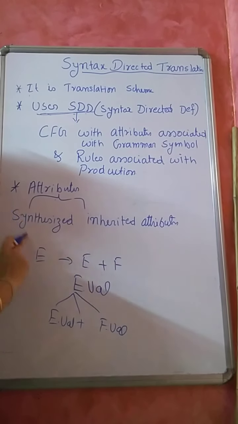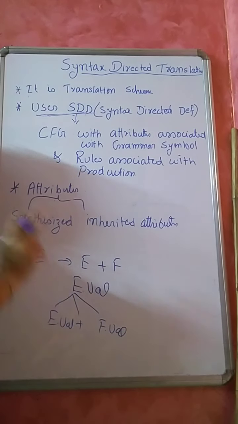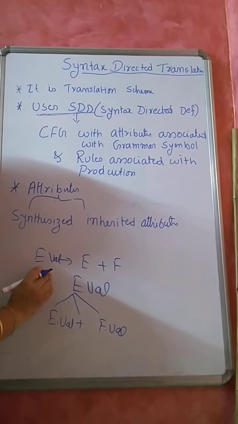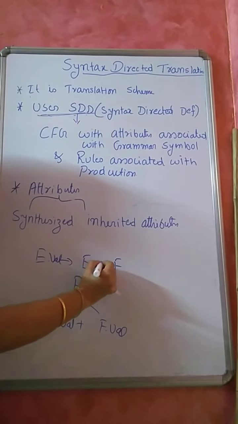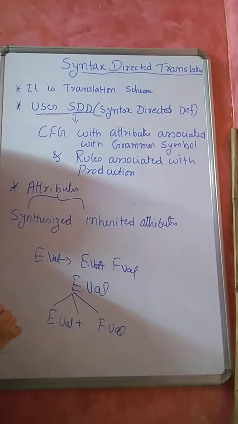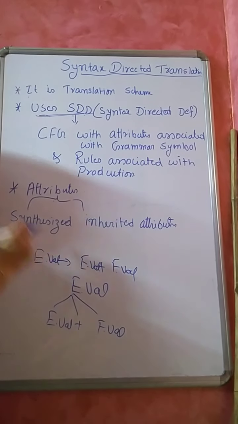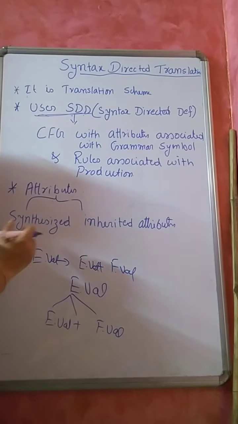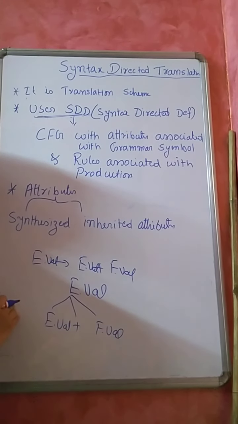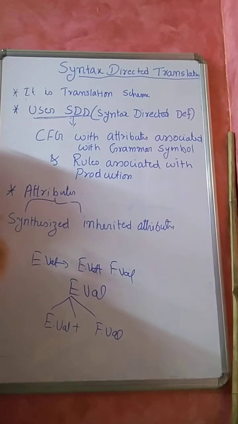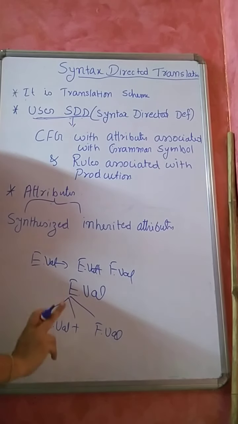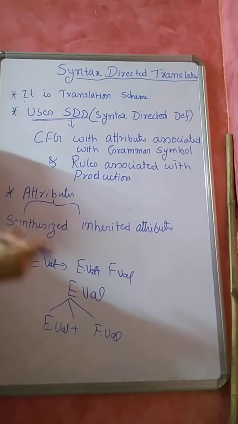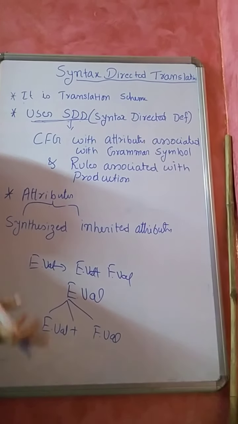Getting my point? Synthesized attributes are the attributes whose value will be evaluated through the values associated with their child nodes, or by itself. So once again I tell, synthesized attributes are the attributes whose value will be evaluated through itself or through the children of that particular node.